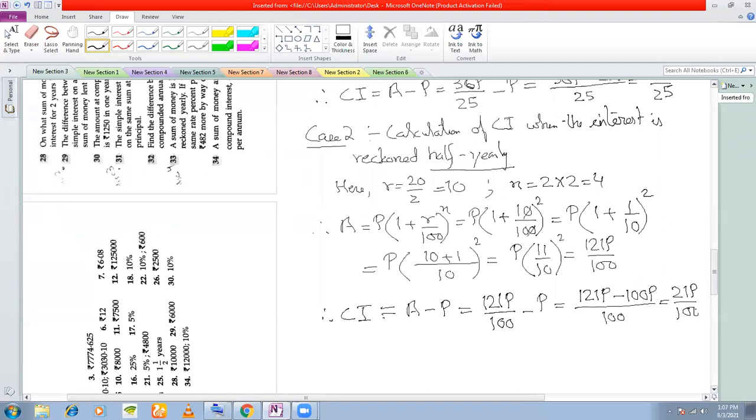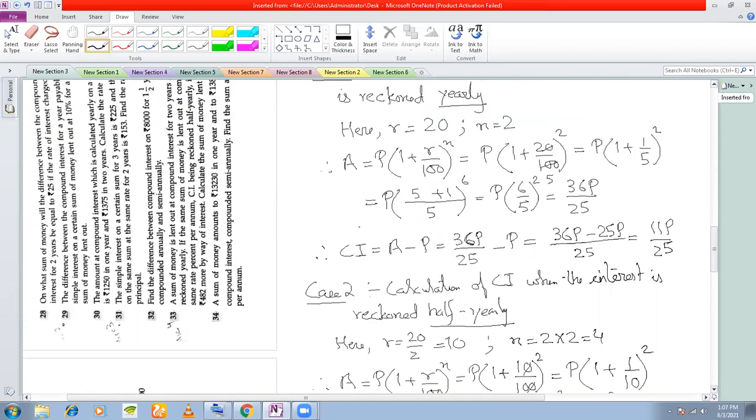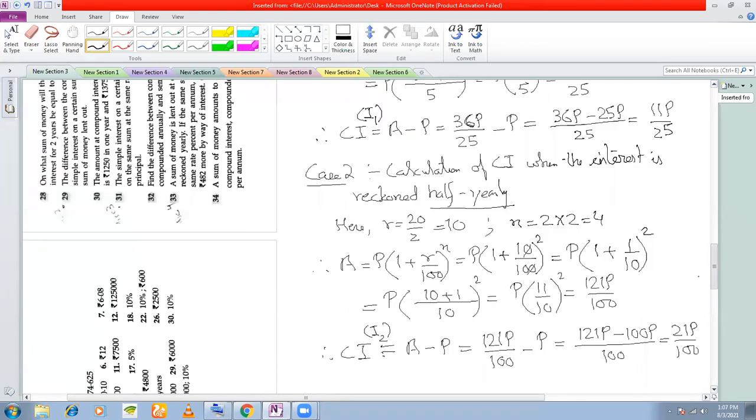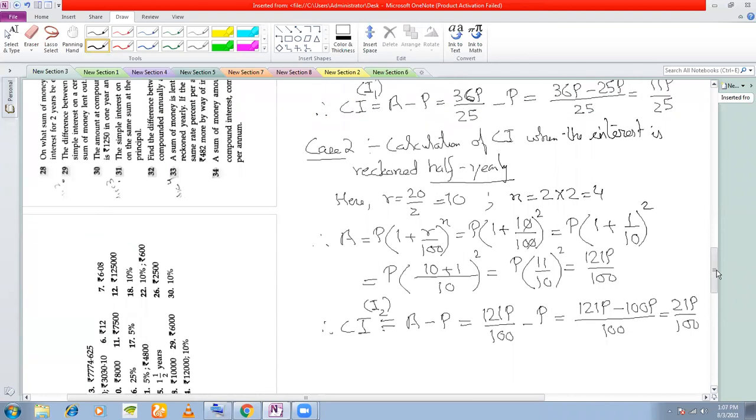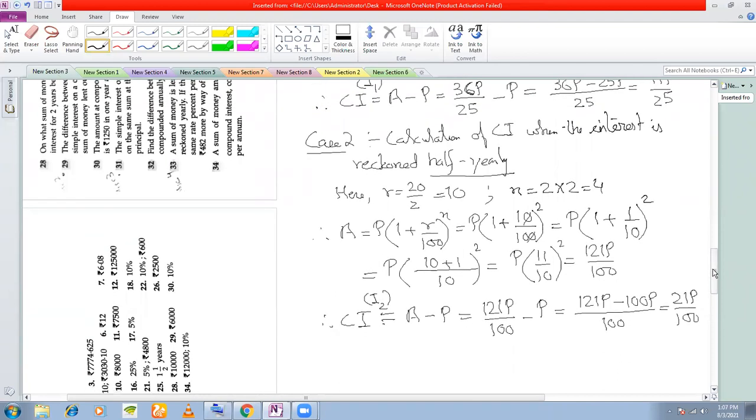So this is the compound interest we are getting. If I call this compound interest I2, and suppose I call the other I1, which interest should be greater? I2 should be greater, right? Because it is being reckoned half yearly. You'll get more interest when the sum is invested on a half yearly basis.